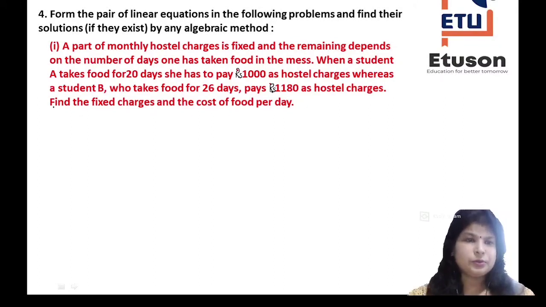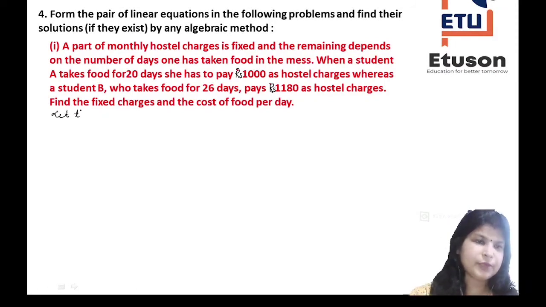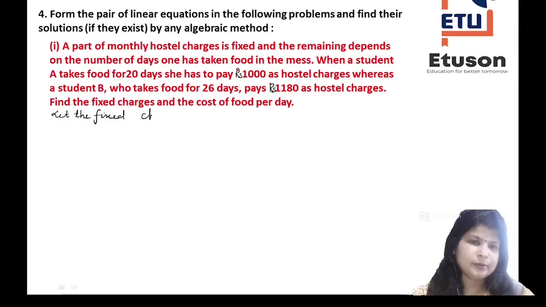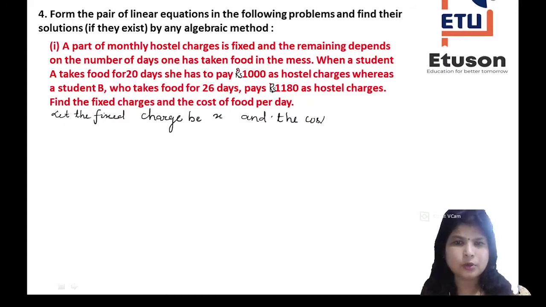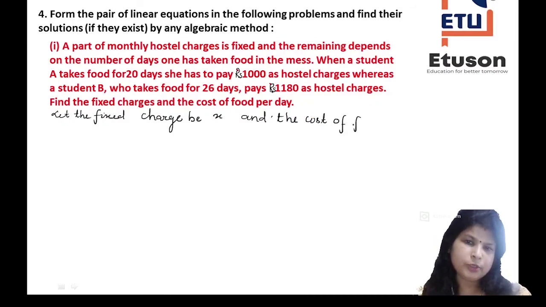Okay, so let the fixed charge be x, and the cost of food per day be y.